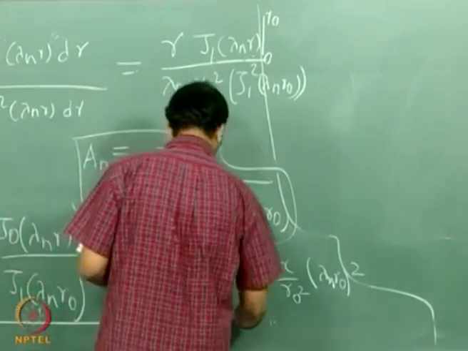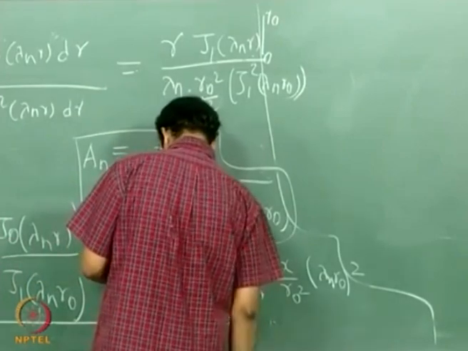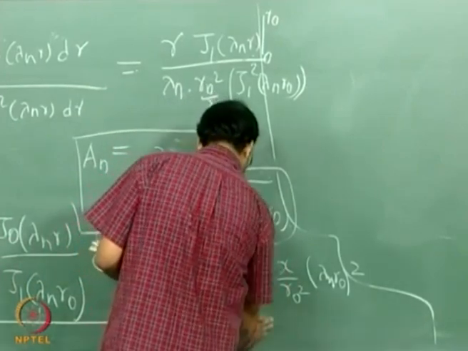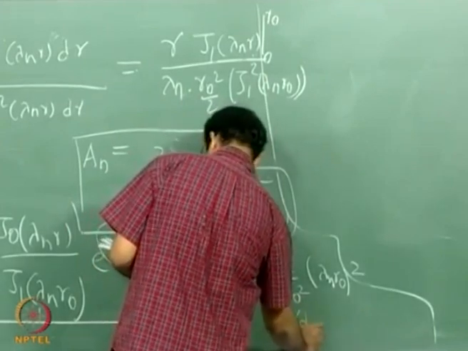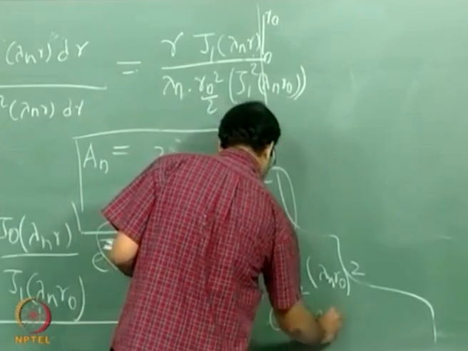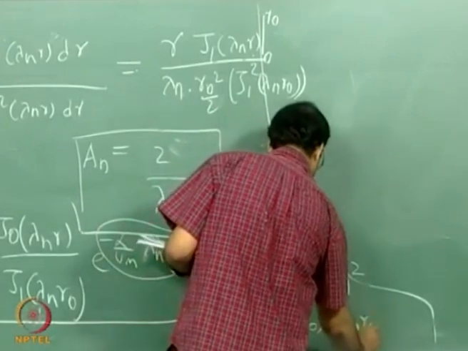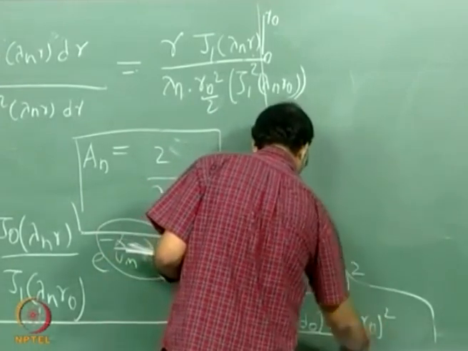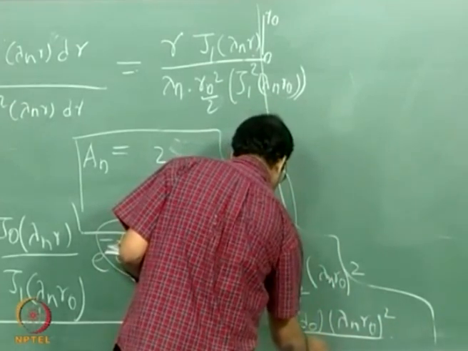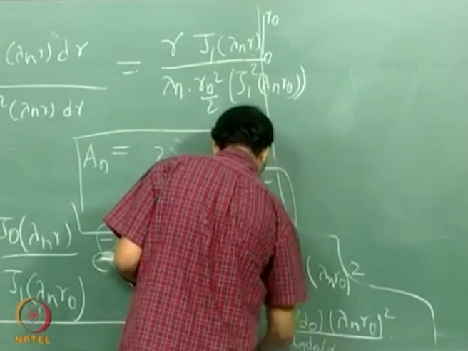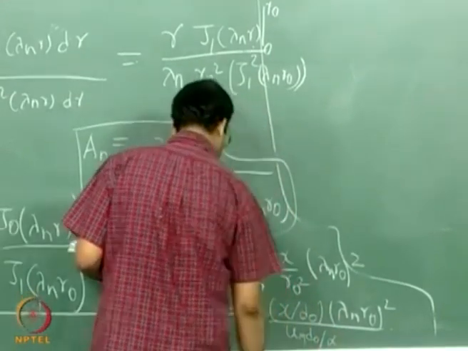I am also going to rewrite this a little bit, so I can write this as x by d naught into alpha n r naught the whole square divided by d naught by alpha, that is a factor of 4.